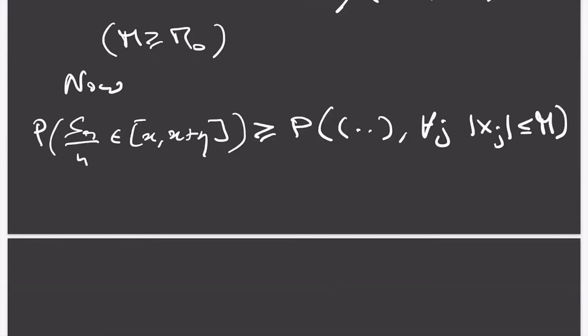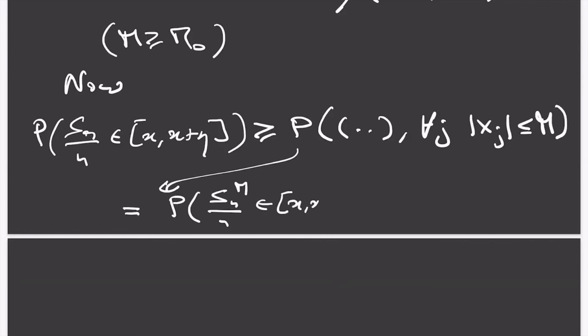And this probability in turn is equal to the probability that the truncated variables belong to x plus eta, times the measure of minus m plus m to the power n.